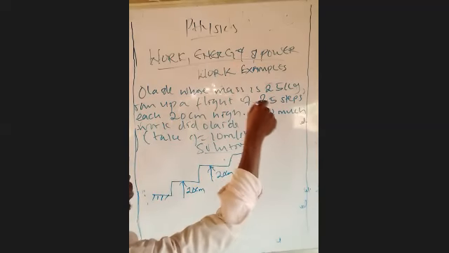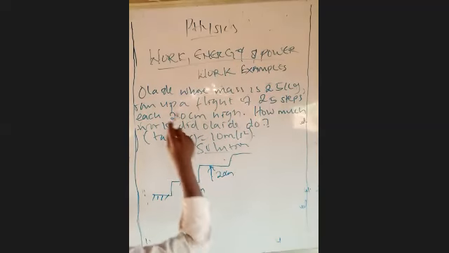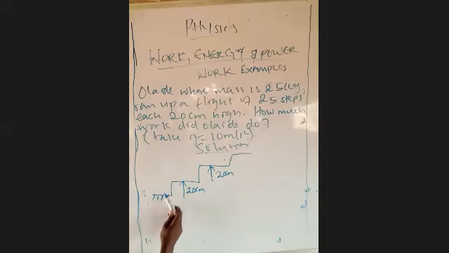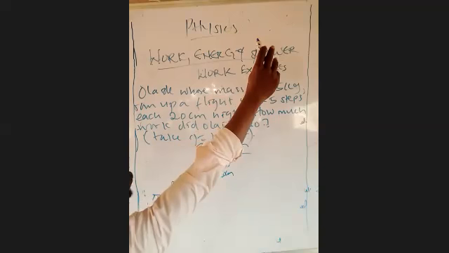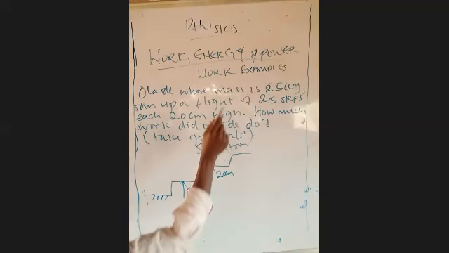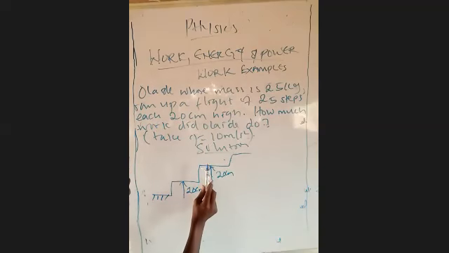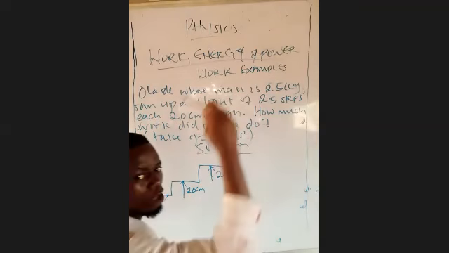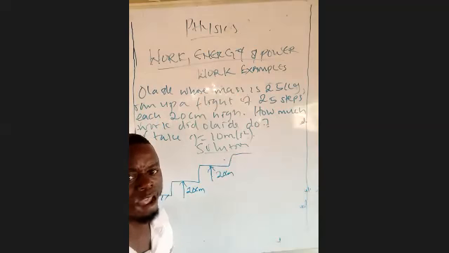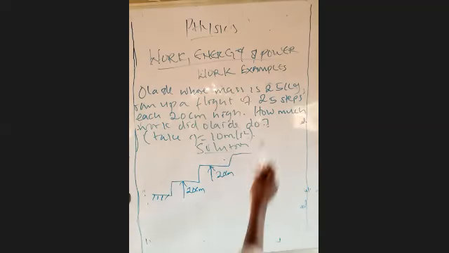Olaide's mass is 25 kg. Starting from here, 1, 2, 3, up to 25. Each 20 centimeter high, meaning that this is 20 centimeter in 25 places. So how much work did Olaide do?